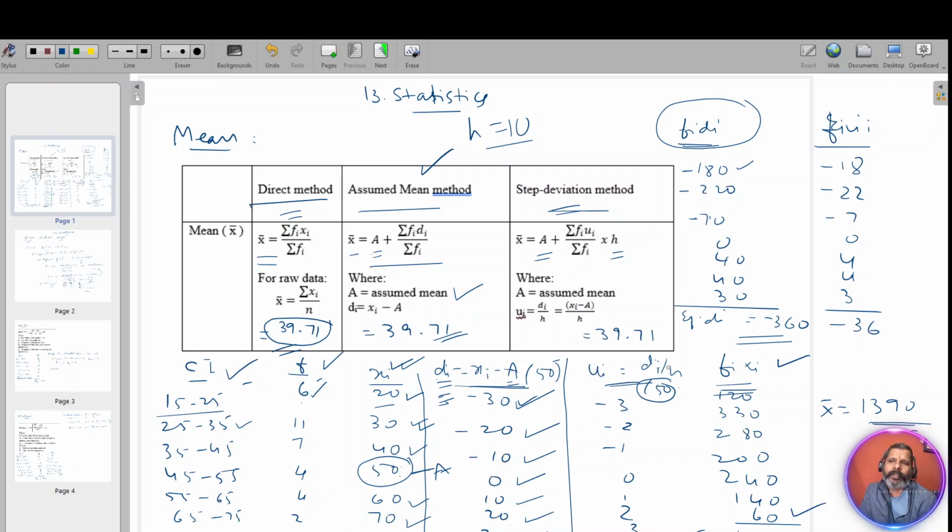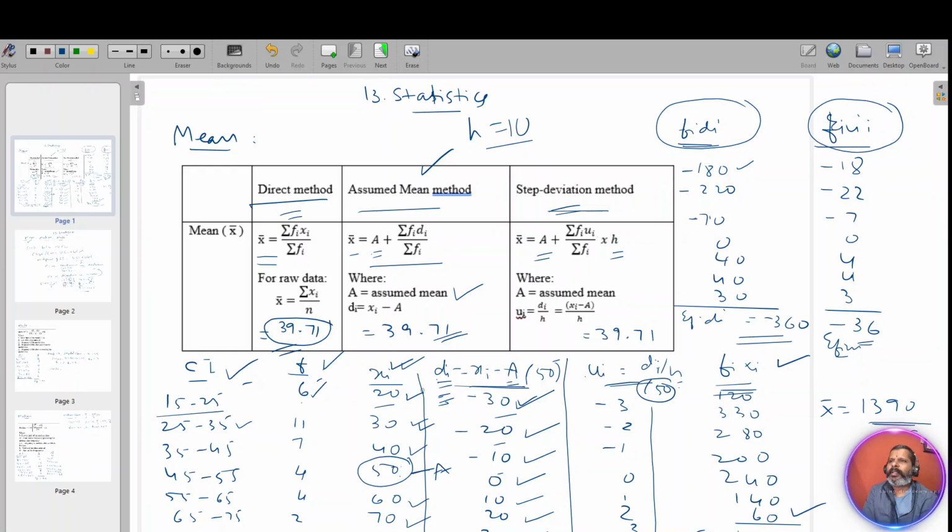Ui is di by h. What is di? We calculated it already, 30, 20 like that. By h, the class size 10. So divide by 10, you get single digits. Then fi into ui will give you sigma fi ui. The sum of that, sigma fi ui, is minus 36.